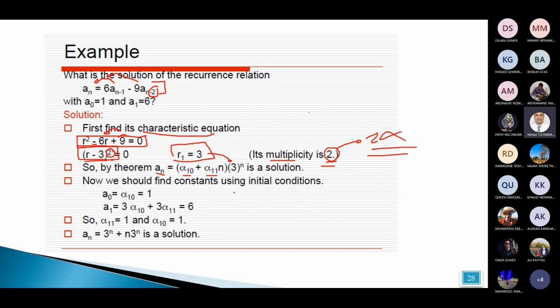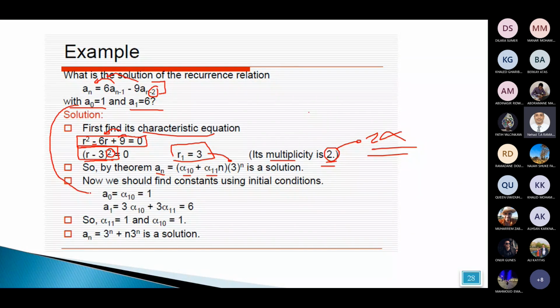So at the end we have 2 alphas and we have 2 initial values. Then it's easy to find the solution. Just apply the initial values.